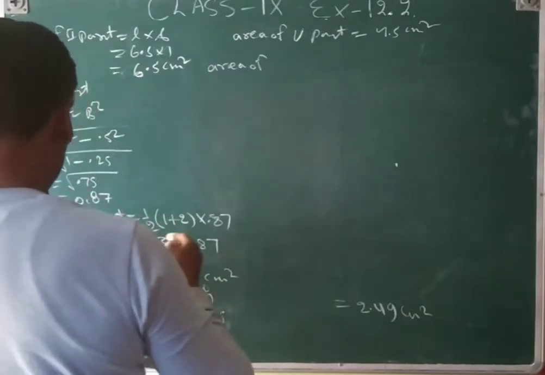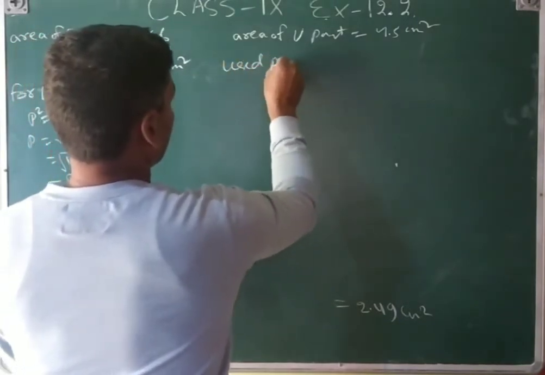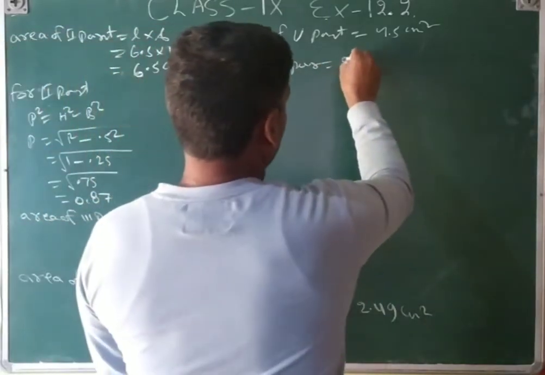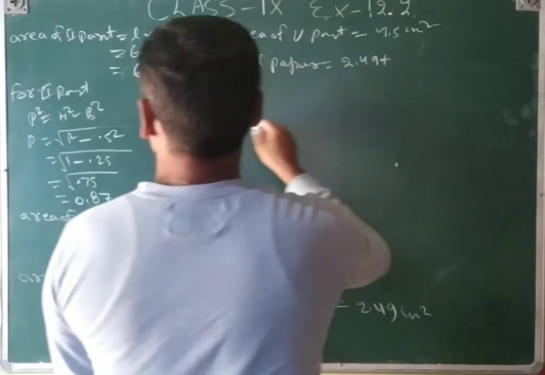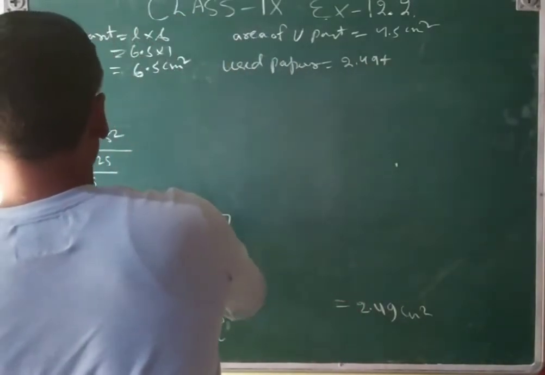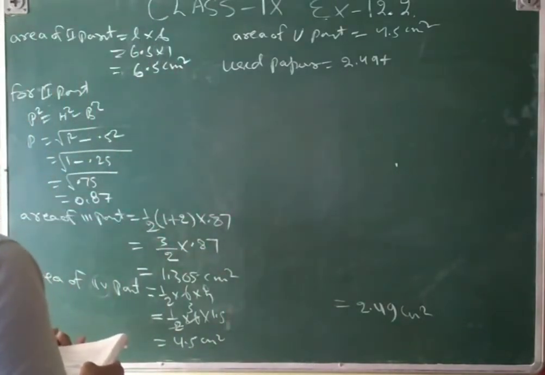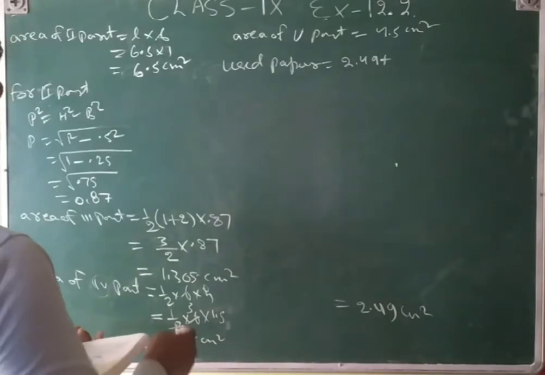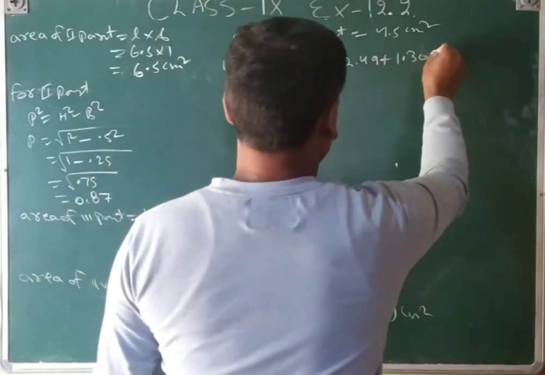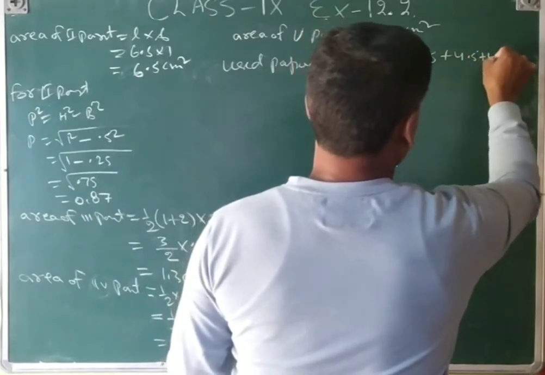So now we need to find the used paper. Used paper is equal to the sum of all the areas: first area 2.49, second area 6.5, third area 1.305, plus 4.5 plus 4.5.